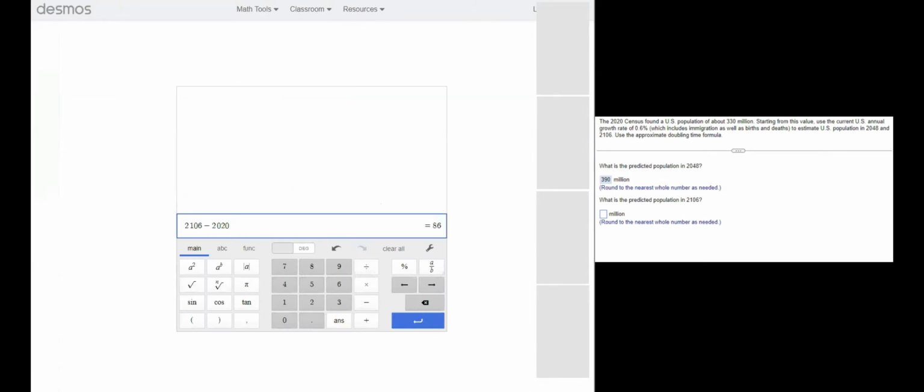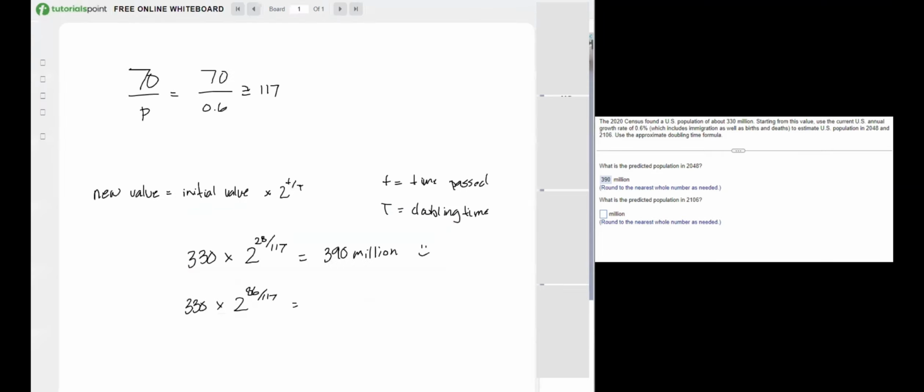So let's put this into the calculator and find the predicted population. 86 this time. Everything else is the same. 549.2. If we round that to the nearest whole number, it's just going to be 549. That 0.2 isn't enough to round up. So 549 million would be the predicted population in 2106.